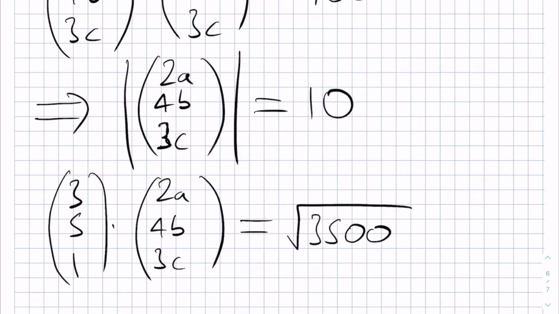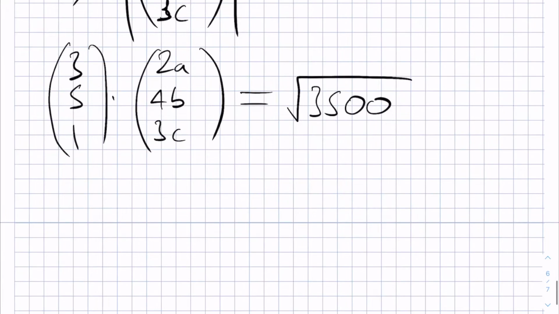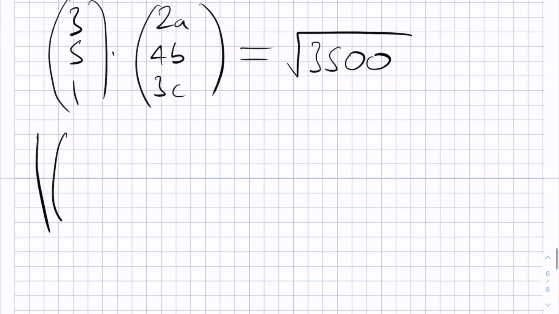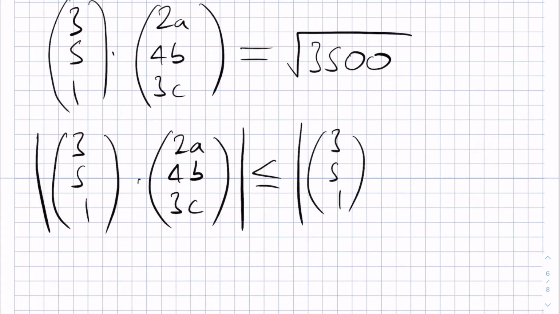Following the hint, if we look at the Cauchy Schwarz inequality for the dot product with this equation here, then it says that the modulus of this dot product is less than or equal to the magnitude of the vectors multiplied together.